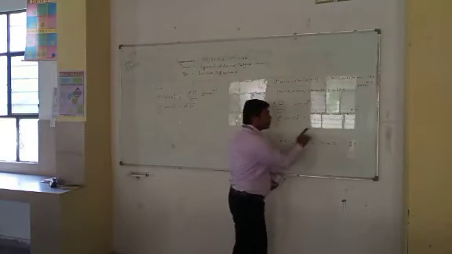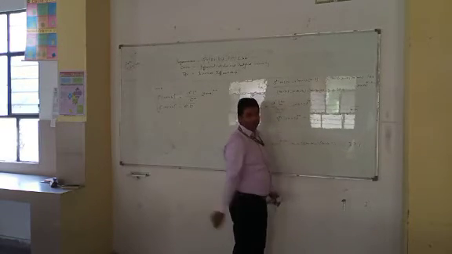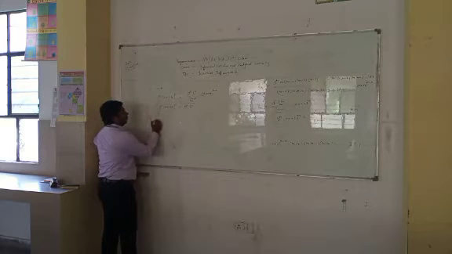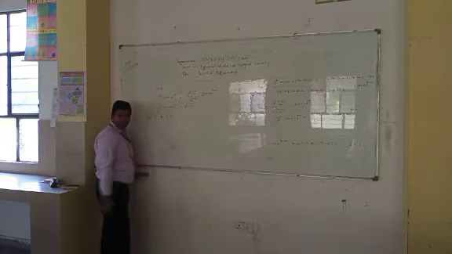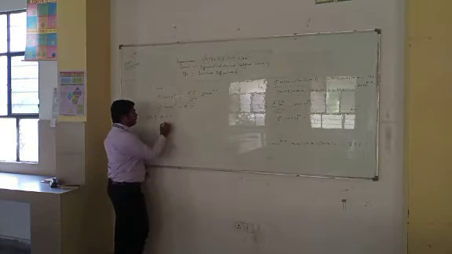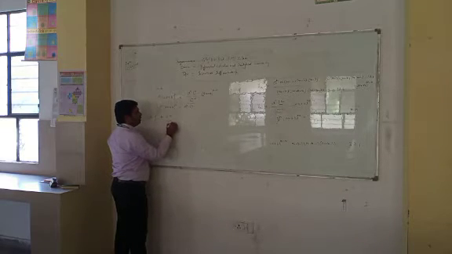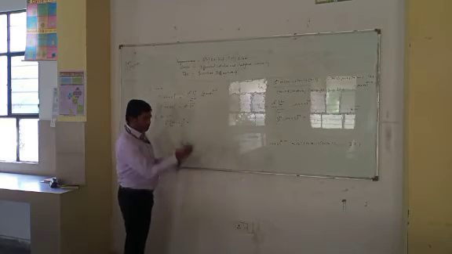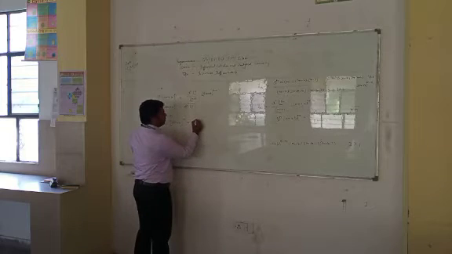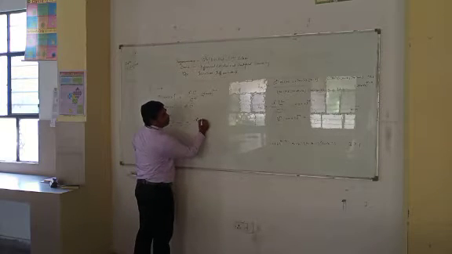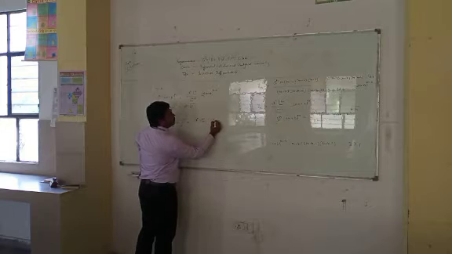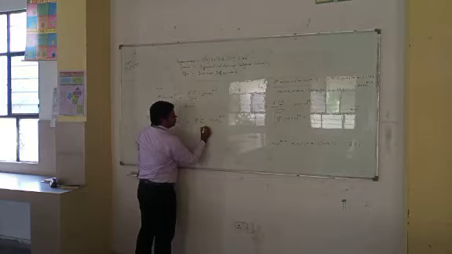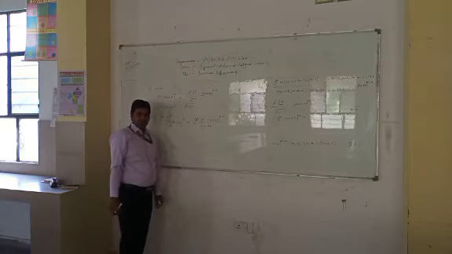But suppose in this formula m is less than n. If m is less than n, then by this formula we can write d to the power n of (ax plus b) to the power m is equal to a to the power m, factorial m, (ax plus b) to the power m minus n upon factorial m minus n.